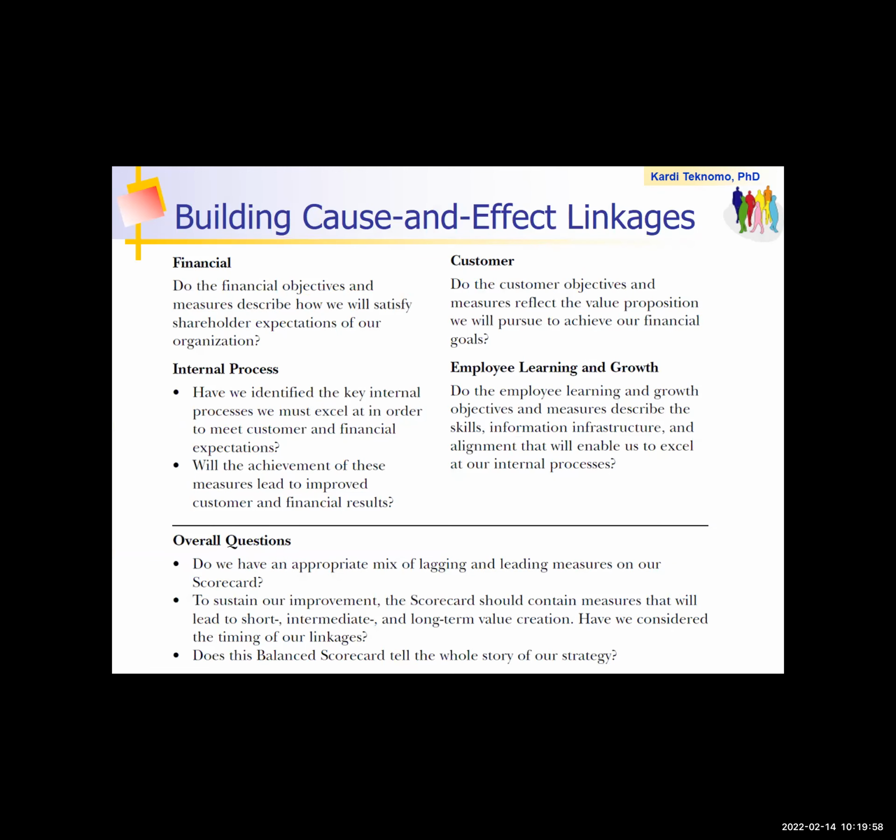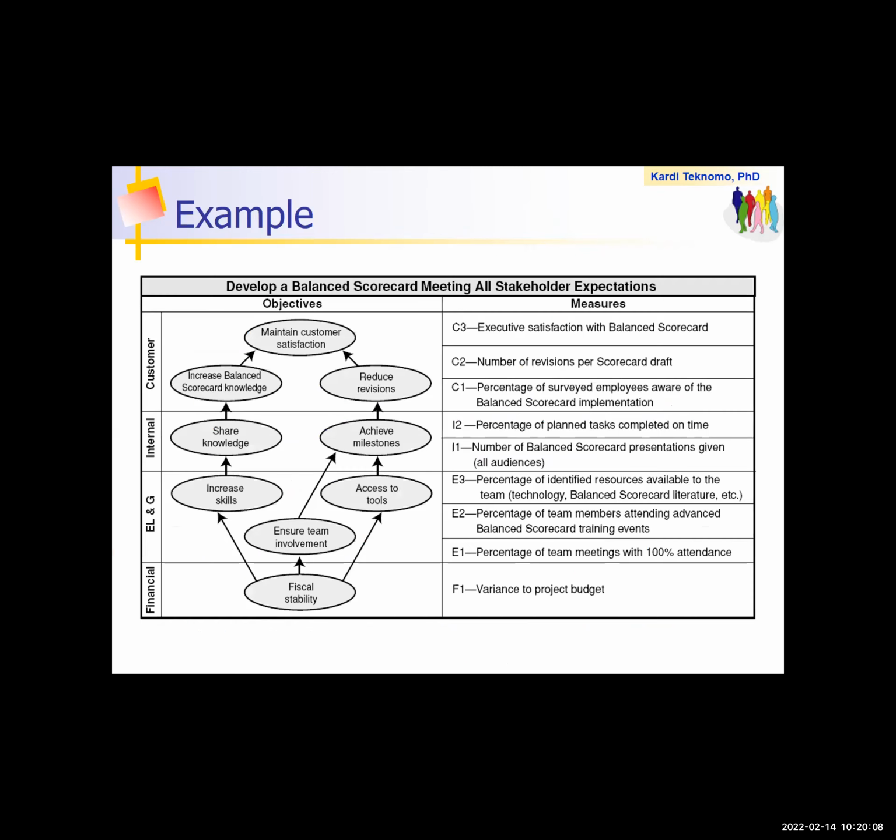So these are examples of questions and how you link them, so you can read by yourself. And these are examples of a balanced scorecard with the strategic map here. Start from the financial up to the customers.